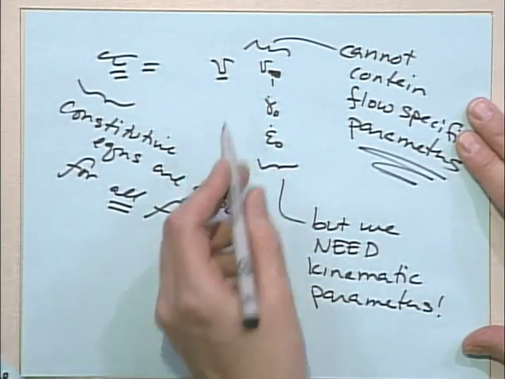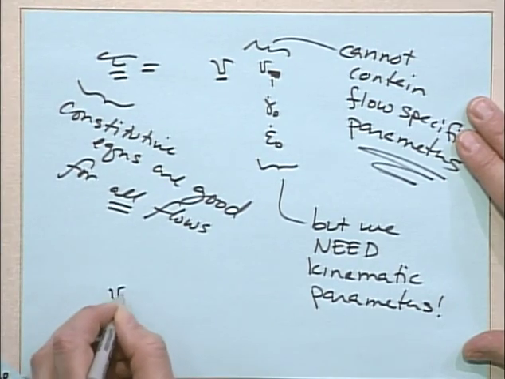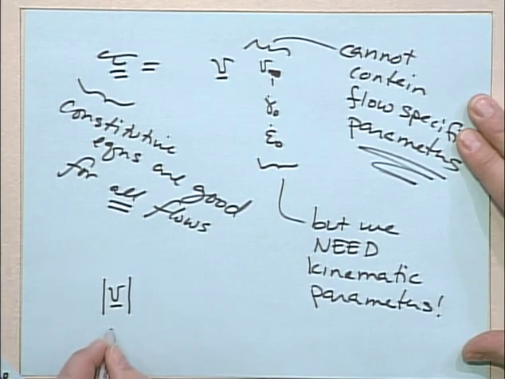What kinematic parameter should we use? Well, we can use the magnitude of the velocity. The magnitude of the velocity we could calculate for any flow. We could do something like the magnitude of the rate of deformation tensor, or one of the other invariants of the rate of deformation tensor.